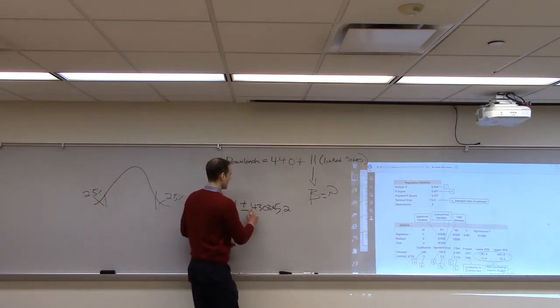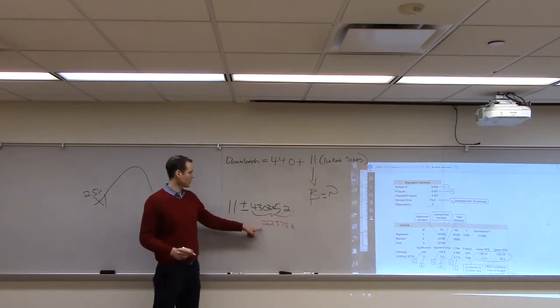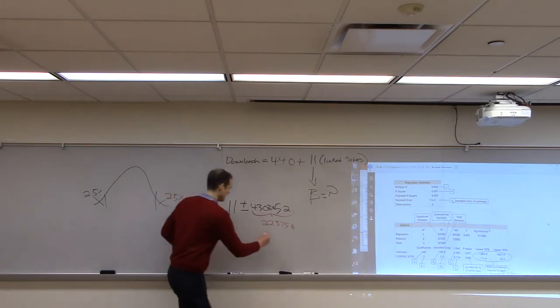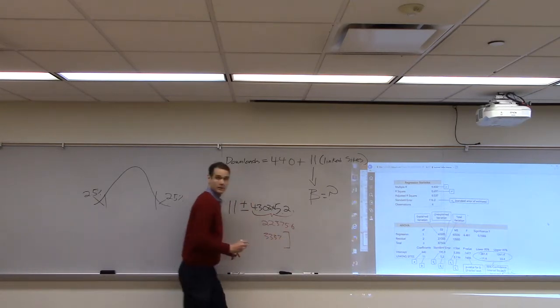What's 4.303 times 5.2? 22.3756. So 11 plus or minus 22.3756. The first part is 33.37.